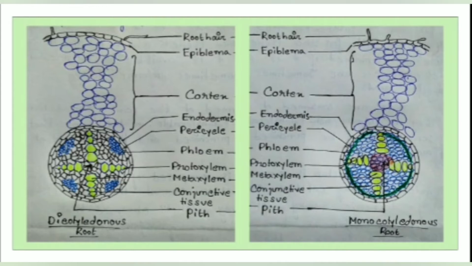The outer layers are the epiblema and cortex, and the inner layers are the endodermis to the pith. The phloem, protoxylem, metaxylem, the conjunctive tissue and the pith form the stele in the case of root.